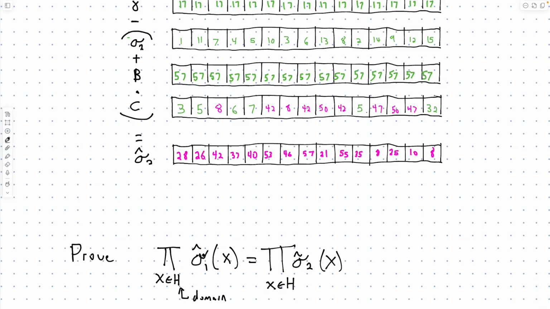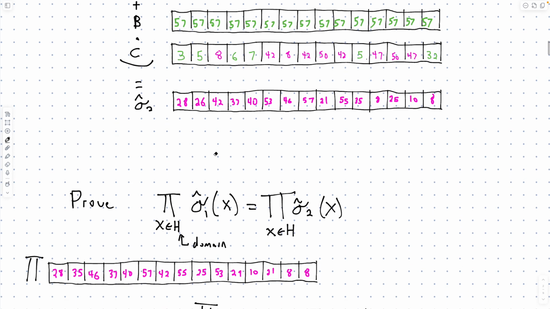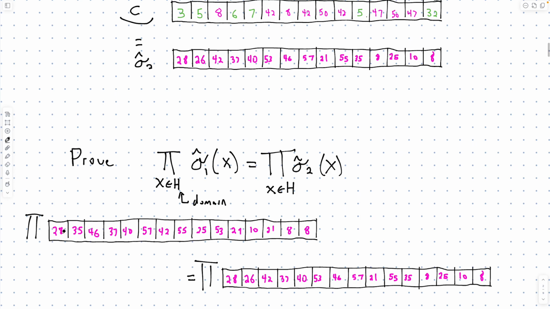We want to prove that if I take the product of all the elements of sigma 1 at x, where x is all the values of the domain, and I compare it to the product of all the values of this at x, so I'm thinking of these as polynomials now over the domain, I should get the same answer back. So the product of this equals the product of this.